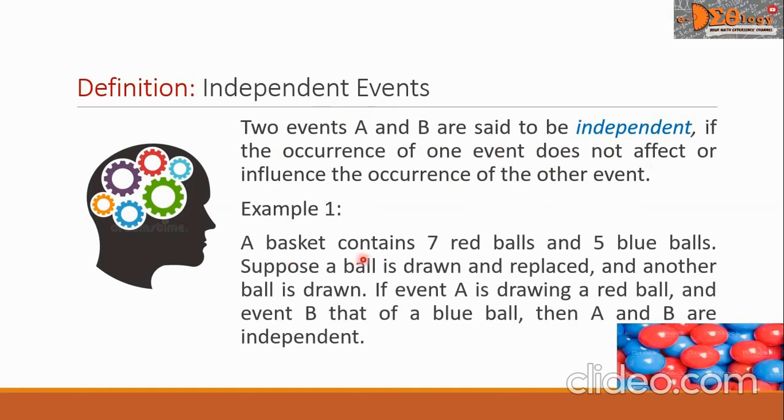A basket contains 7 red balls and 5 blue balls. Suppose a ball is drawn and replaced, and another ball is drawn. If event A is drawing a red ball and event B that of a blue ball, then A and B are independent.